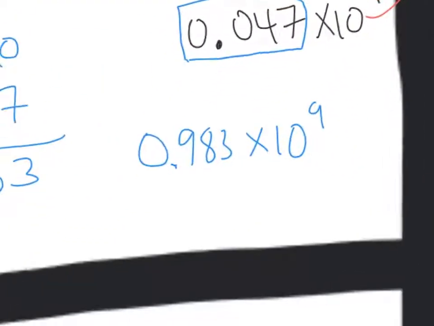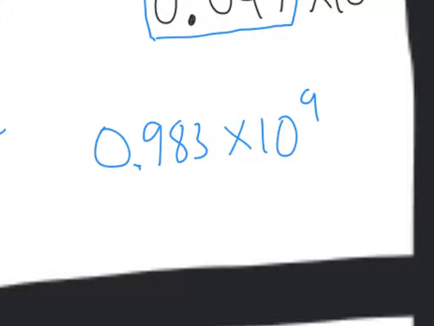Now this number right here, unfortunately, is not in scientific notation. And remember, scientific notation always has to have a factor between 1 and 10. What that means is you need to have one number directly to the left of your decimal. So let's rewrite that as 9.83 times 10 to the power.